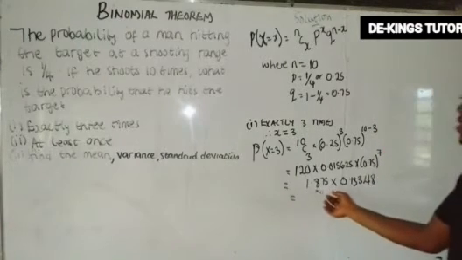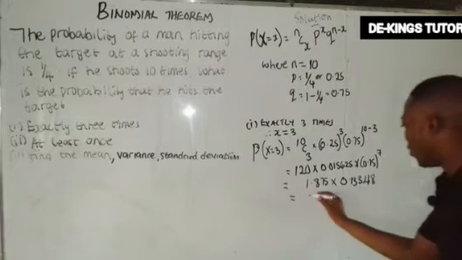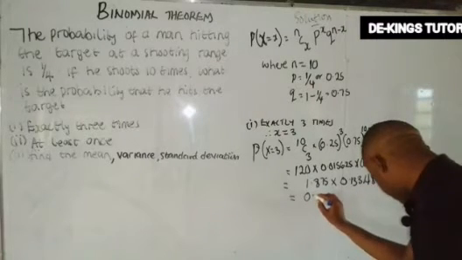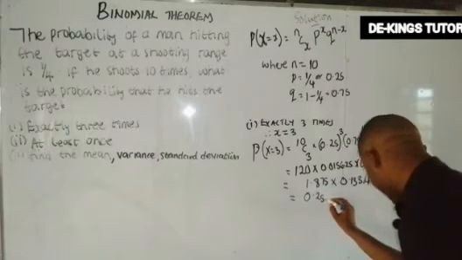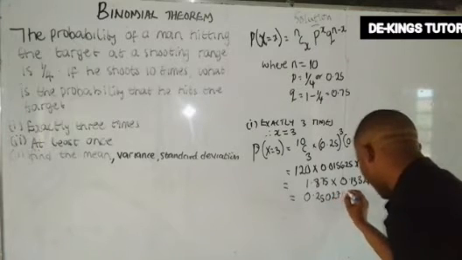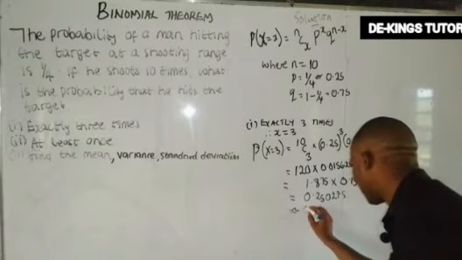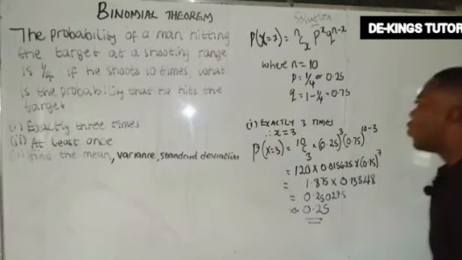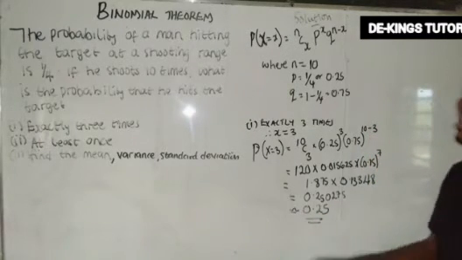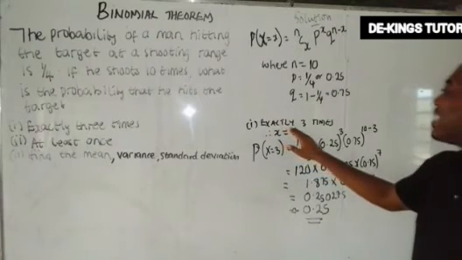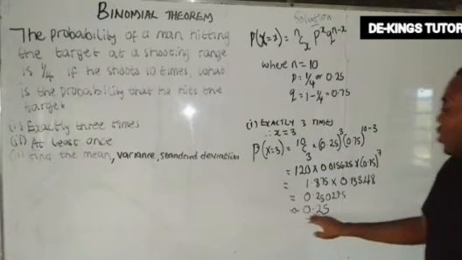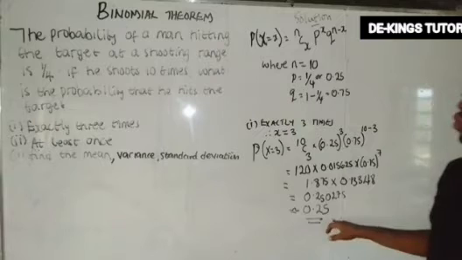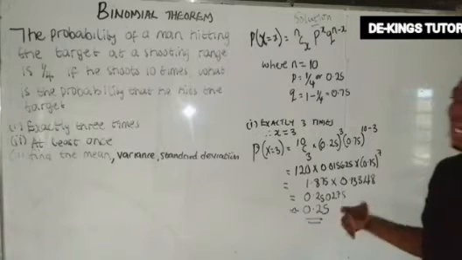Now 1.875 times this will have 0.250275. Now we can approximate to 0.25. So the probability of the man hitting this target exactly 3 times will give us 0.25. Okay, so that's the first one.